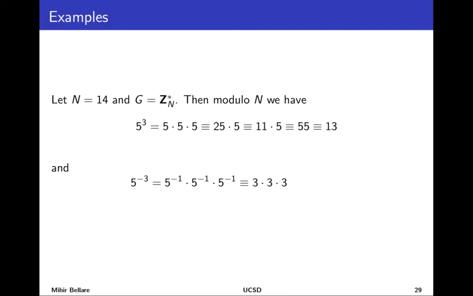We have to find a number b such that 5 times b is 1 mod 14. Again, there's not much to do besides search, and after a little bit of trial and error, we see that 3 works. 5 times 3 is 15, and 15 is 1 mod 14. So it's 3 multiplied by itself 3 times, and that's 27. And then you have to do 27 mod 14, and that turns out to be 13.